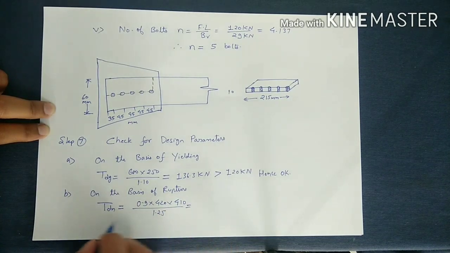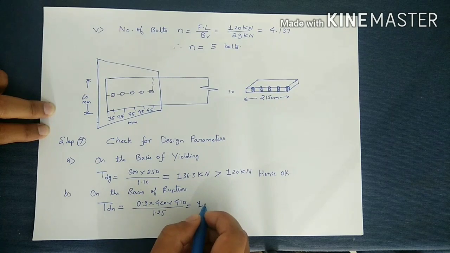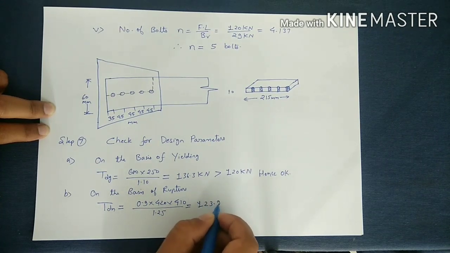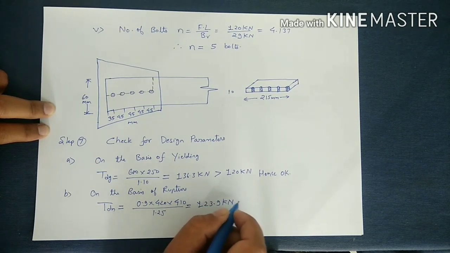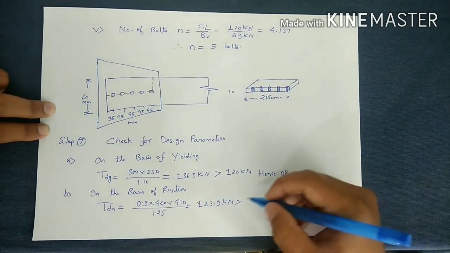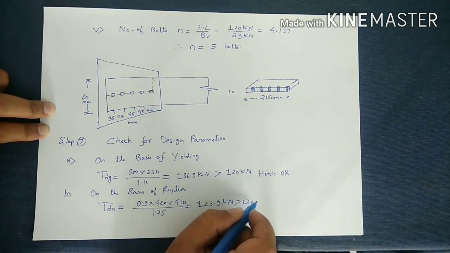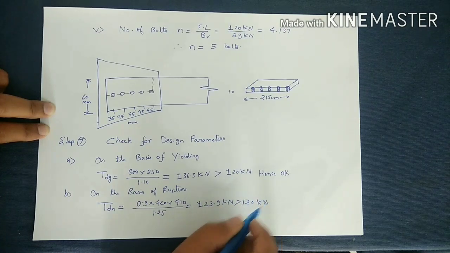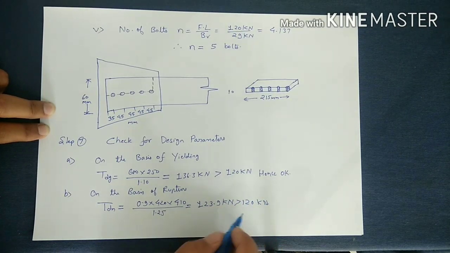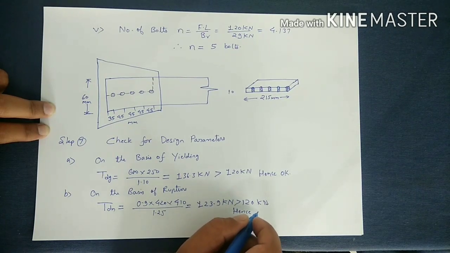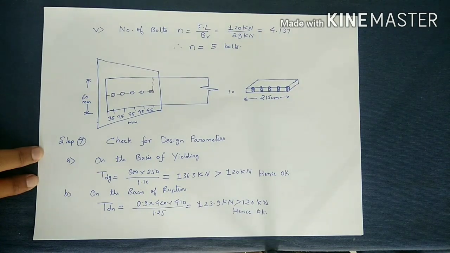On solving this, we get 123.9 kilonewton, which is also greater than 120 kilonewton. Hence, it is okay.